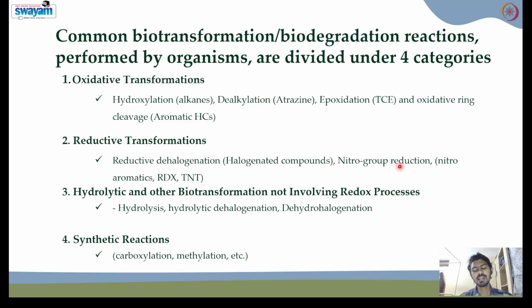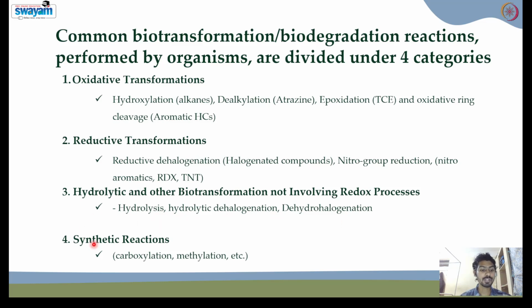The first reaction will be removing these nitro functional groups from the structures. So these kinds of reactions come under reductive transformation. The third class of reactions is hydrolytic or other biotransformation, which does not involve a redox process. That is, it acts as a molecular scissor. Such reactions are hydrolysis, hydrolytic dehalogenation, and dehydrogenation.